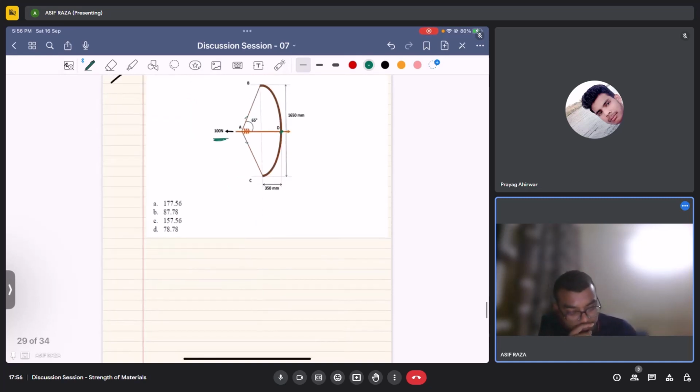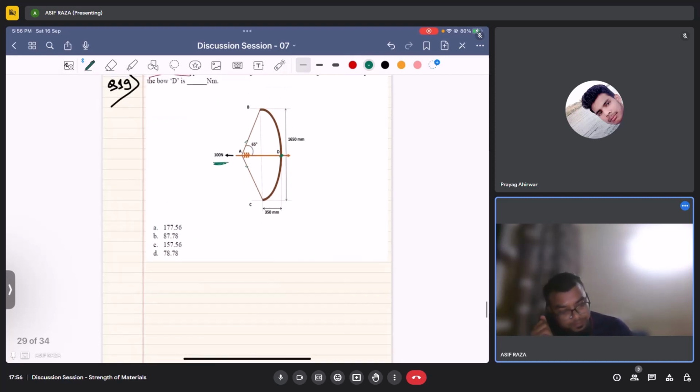Taking point A, you can see the horizontal force of 100 Newton acting like this. Now tension T would be there in the string. Both are equal, so I'll just draw this T acting at 65 degrees.